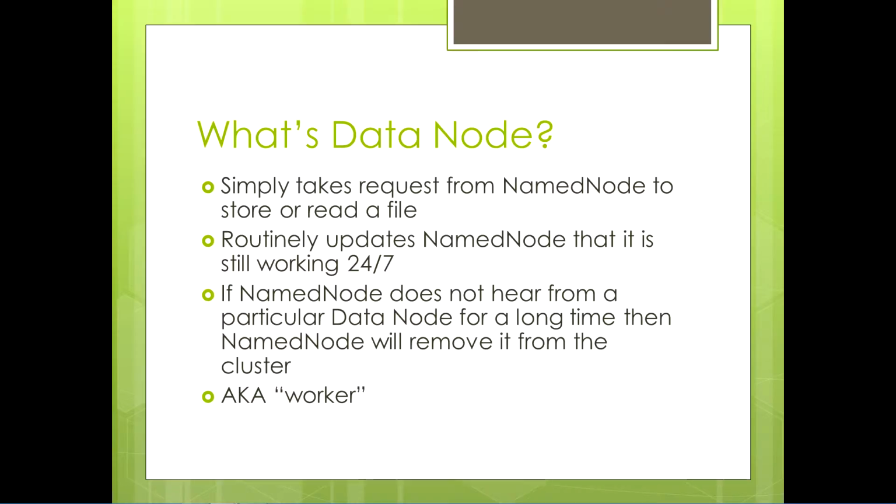So it's AKA worker. That's the way I look at it, because it notifies the name node of the status of its progress and whether it is still up or not.